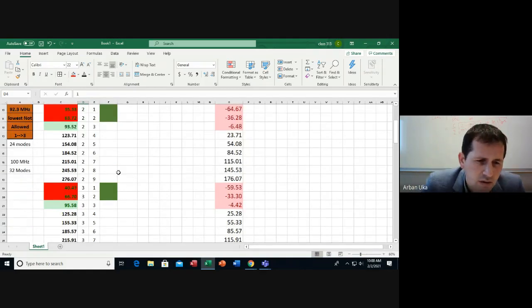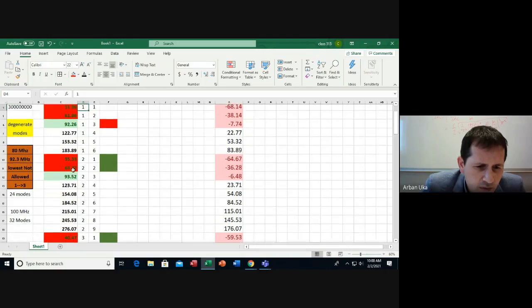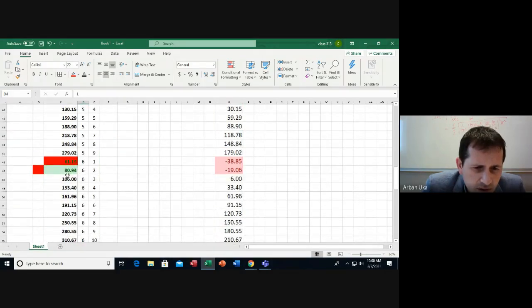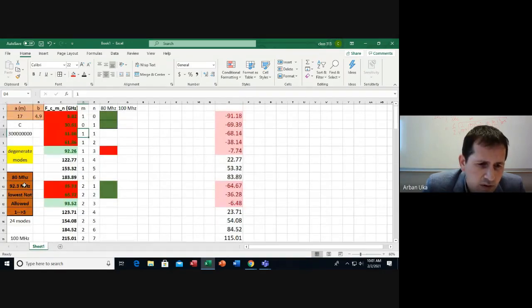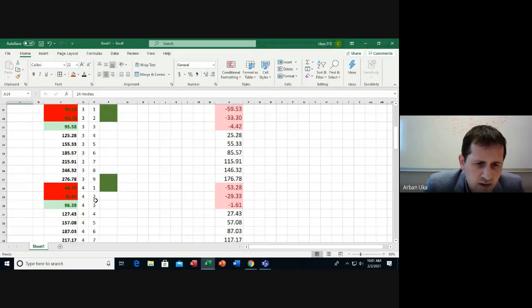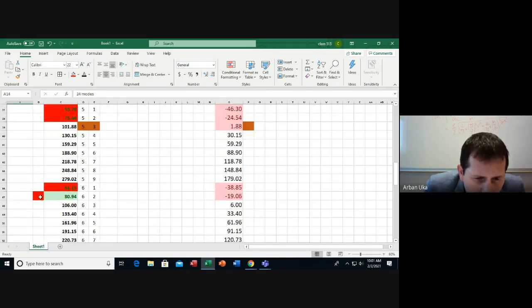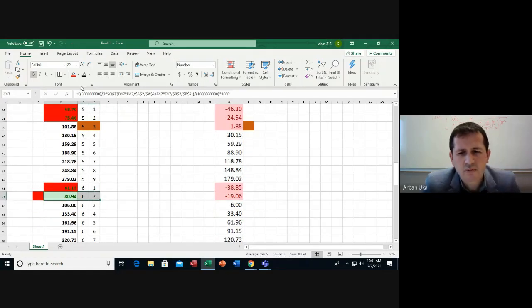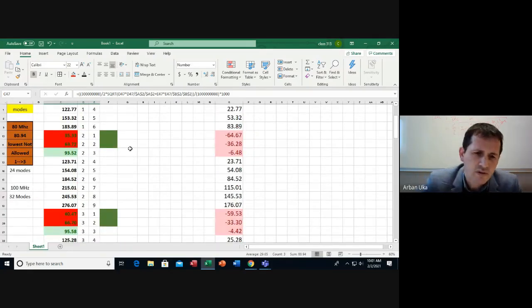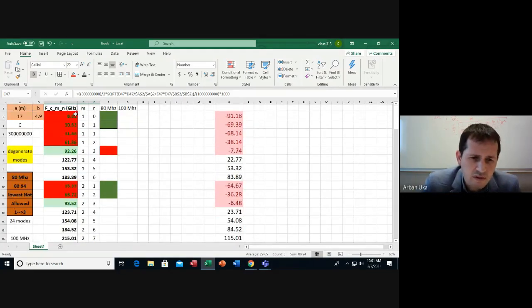So again, we said the lowest mode, we are looking for the mode 6.2, 80.94. 80.94 is the lowest mode which cannot propagate at the frequency of 80 megahertz. So we have to consider this one out of 24 allowed ones. This one is right at the boundary. Similar conditions we can also set again for smaller than 100 and many more.